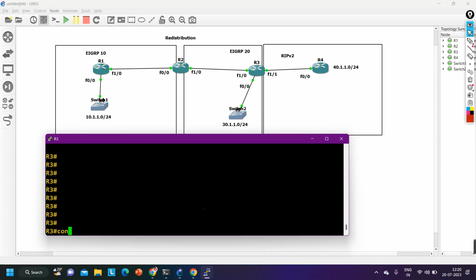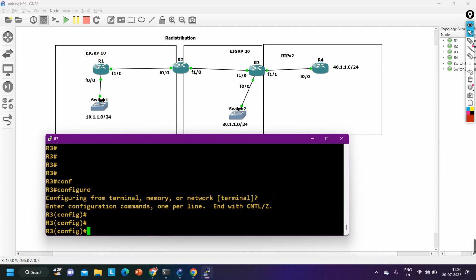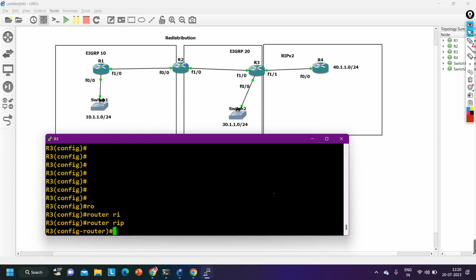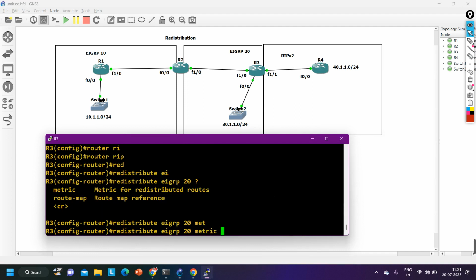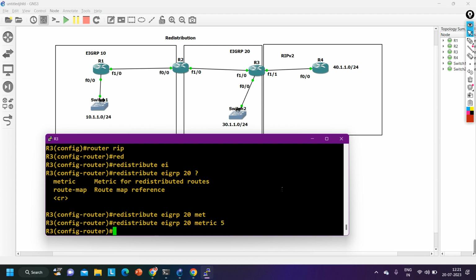I'm going to redistribute now EIGRP AS number 20 into the RIP domain. So router RIP, and then redistribute EIGRP AS number 20, and then again metric. And in RIP the metric is hop count, so you can set the hop count over here. Let's say 5. That's it.